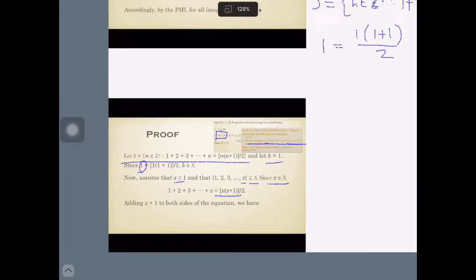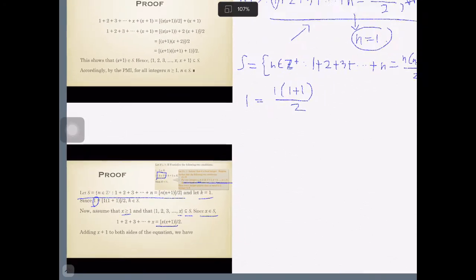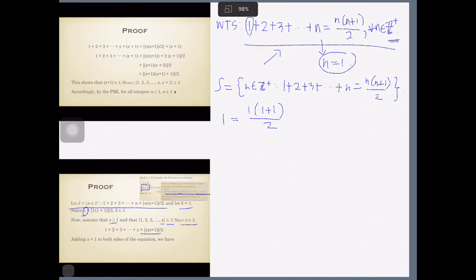Right, so in that case, since x is in S, that's part of our assumption right here. X is in S, that would be here. It would mean that x would satisfy the equation right here, right? Since part of the assumption is x is in S or k is in S, it would mean that k or x would also satisfy this expression right here.